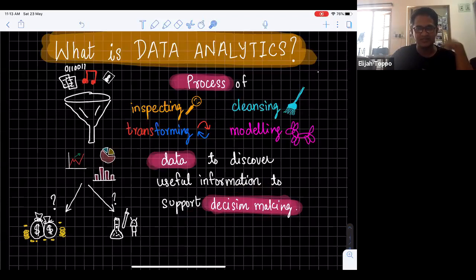Whether it be an e-commerce website where you're collecting where your traffic is coming from, how many people are logging in, and what page they are on, or advertisement or banking or aerospace or any other industry, everyone is getting into data analytics. The whole idea is, once we are collecting lots of data, what do we do with that data? Analytics is the process of inspecting the data and finding useful patterns in it.